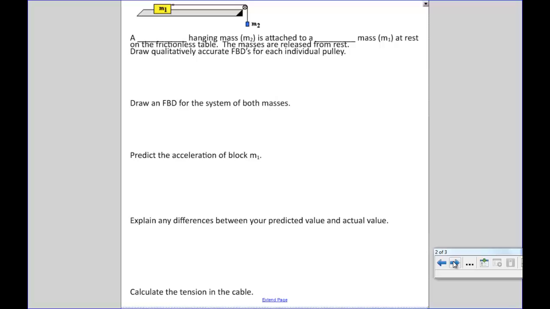So 1.25 kilogram cart, and I'll mass this. With this on there, the hanging mass is, let's see, 34 grams. We have to put that in kilograms.